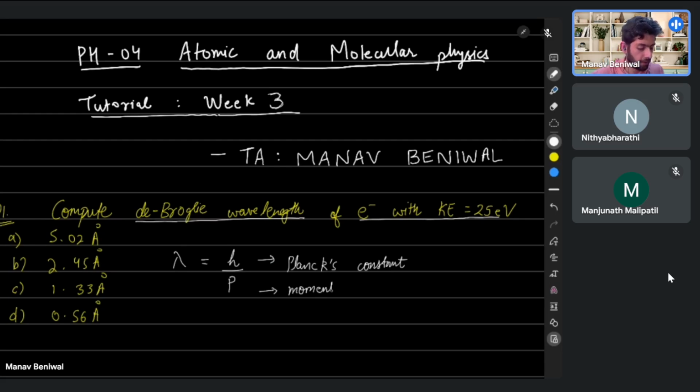But what we are given is kinetic energy, and what is the relation between kinetic energy and momentum? We can write kinetic energy as half mv squared, right?